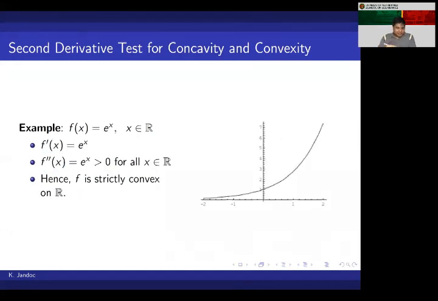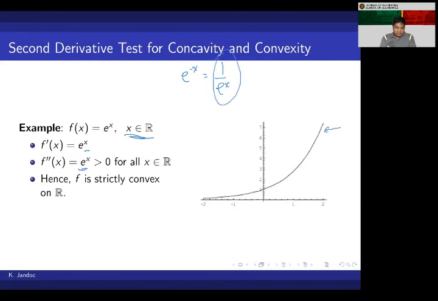So finally, we have this example. We have the natural exponential function e to the x as our function. This is the graph of it. When we get the first derivative, it's the function itself, e to the x. When we get the second derivative, it's the function itself, e to the x. Now notice that the domain here is the real number line, so negative infinity to positive infinity. If x is negative, for example, e to a negative number, if you have negative x over here, this is just equal to 1 over e to the x.